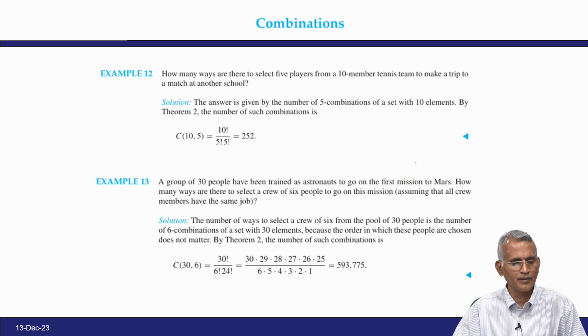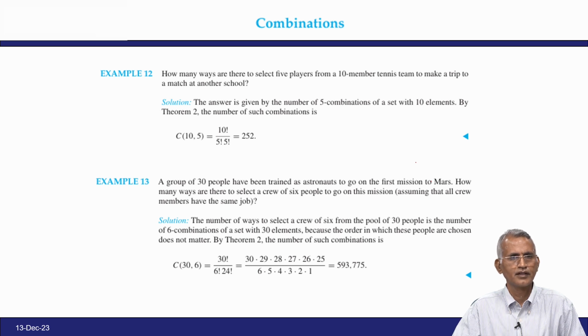In the next example, a group of 30 people have been trained as astronauts to go on the first mission to Mars. How many ways are there to select a crew of 6 people to go on this mission, assuming that all the crew members have the same job?